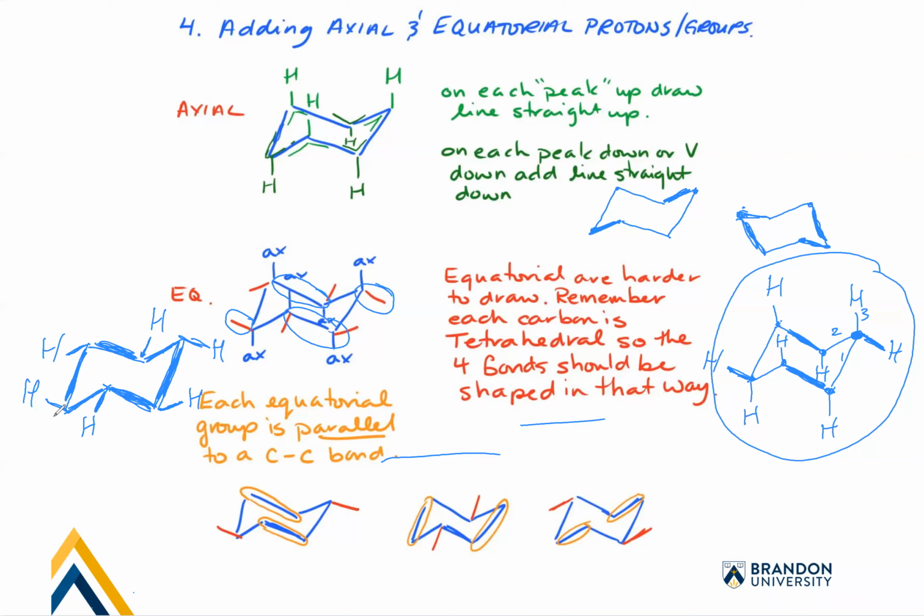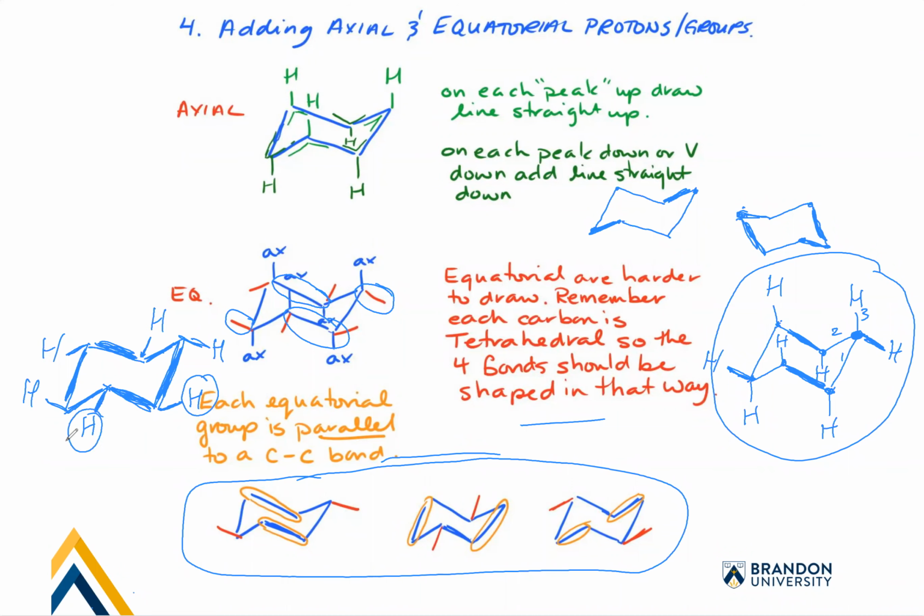So all of the equatorial protons are parallel to bonds within the cyclohexane. So that's what this little part at the bottom here is trying to depict, how to draw which lines these protons should be. But of all of these equatorial protons, the 2 which are kind of pointing towards us would be this one and this one.